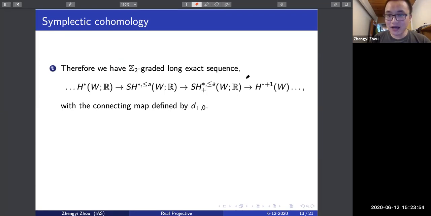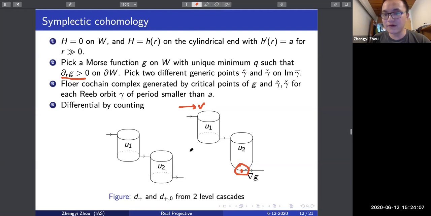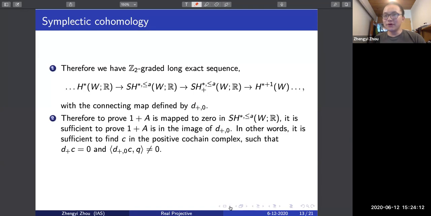And this map from the positive one to the cohomology of the filling is defined by the D+0, which is exactly by counting the second type of moduli spaces. And we want to show that a class like 1 plus A is mapped to 0 in the first map. So it's basically the same thing as saying that 1 plus A is in the image of SH plus into the cohomology of the filling. We want to show this.